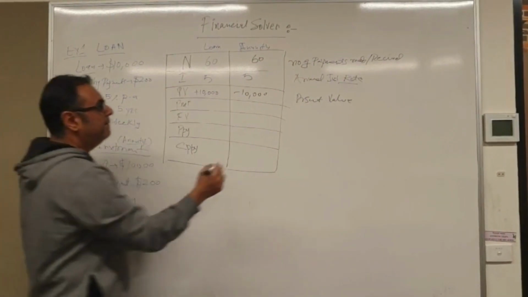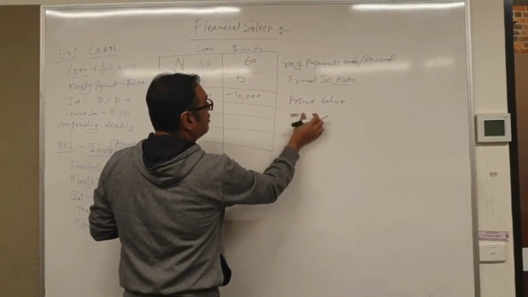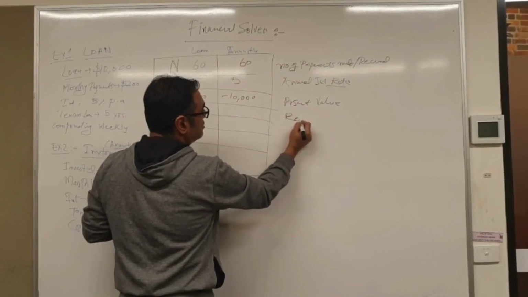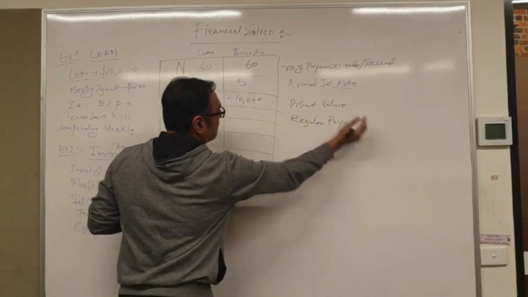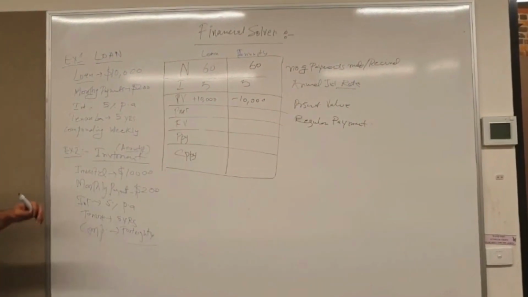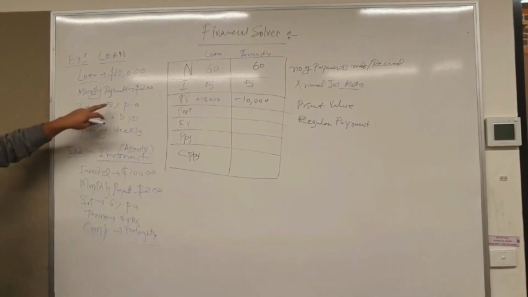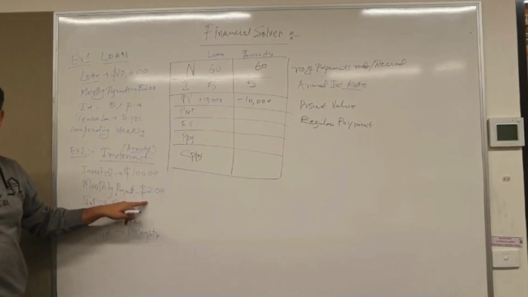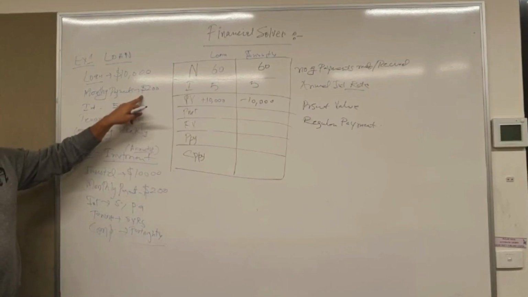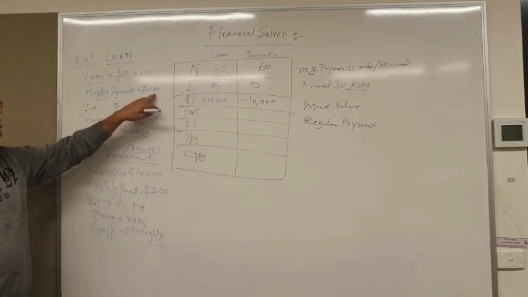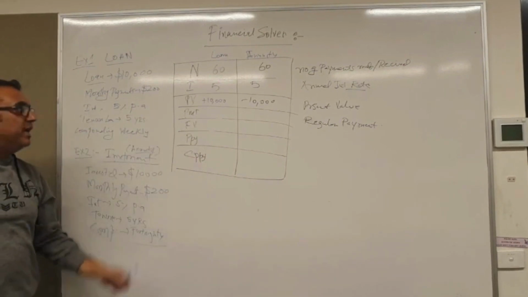PMT is the monthly or regular payment. What's the regular payment involved here? $200. For loan, you are repaying it, so this $200 goes out of your bank account every month.